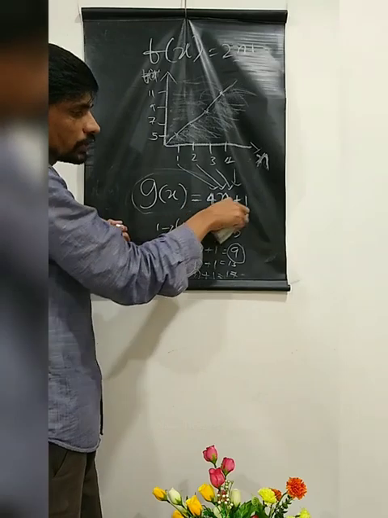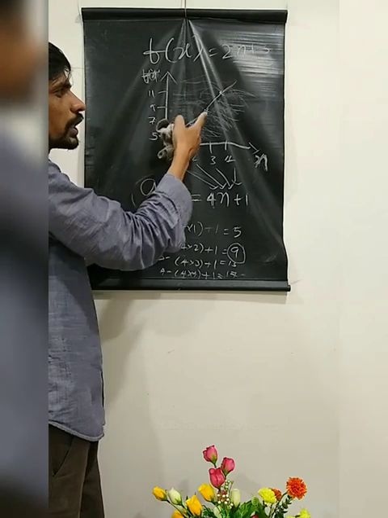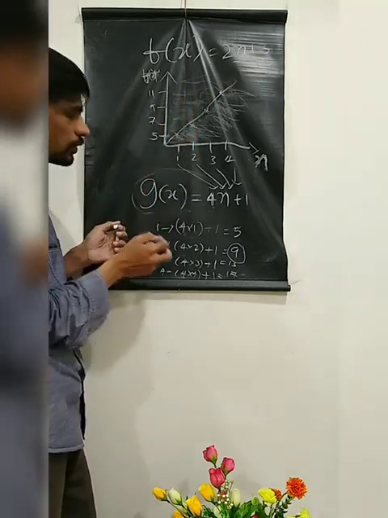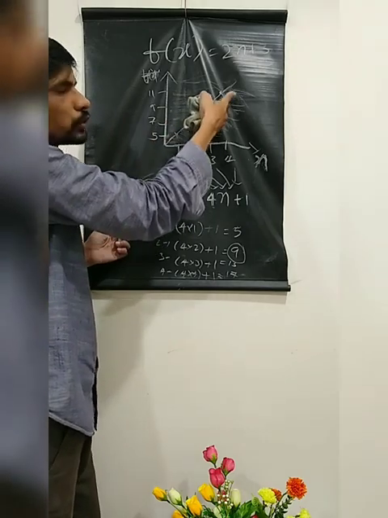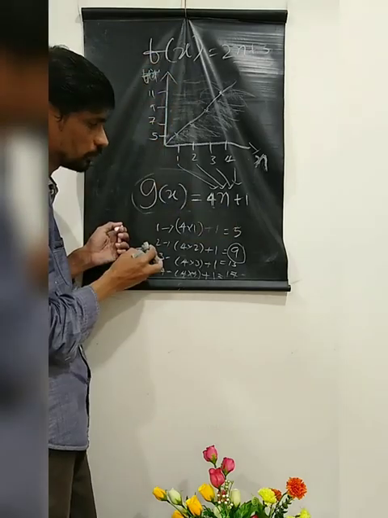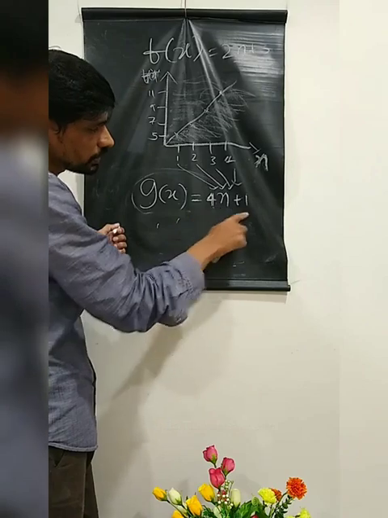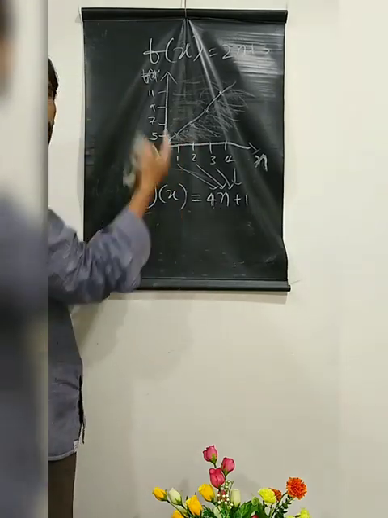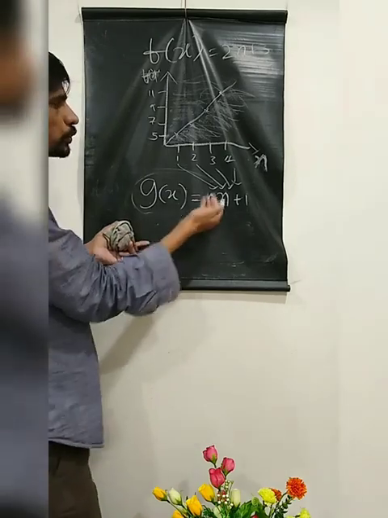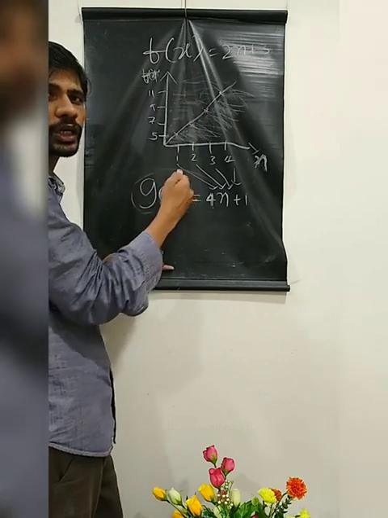Whatever function you choose, that function should produce a line below or on the f of x line. This area belongs to big omega. This area belongs to big O. Because this function is producing higher values compared to f of x, we need to change it such that it produces lesser values compared to f of x when I plot it in a graph.